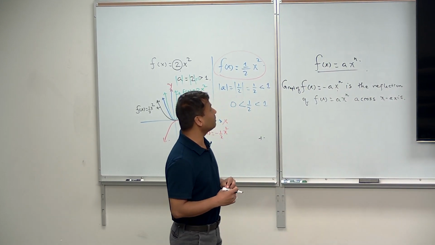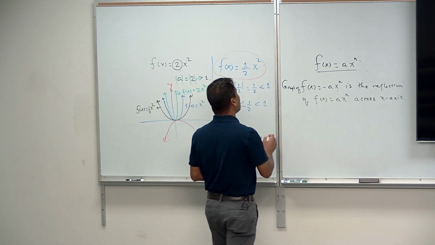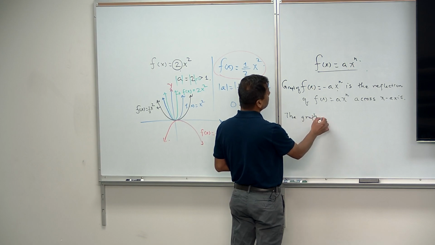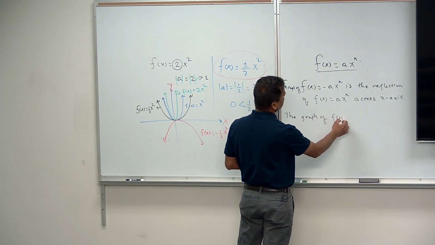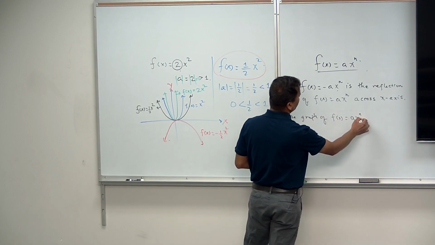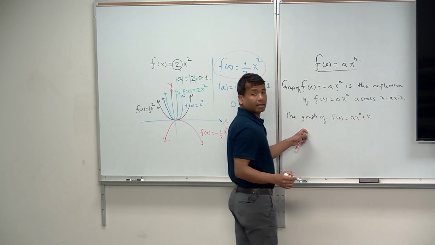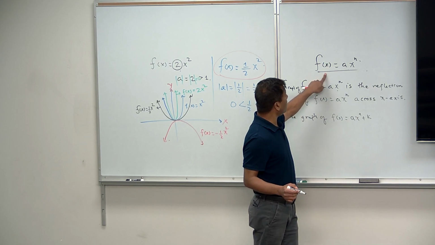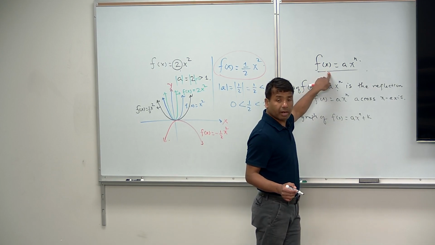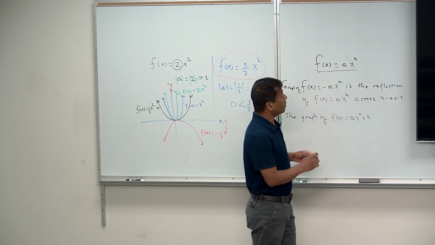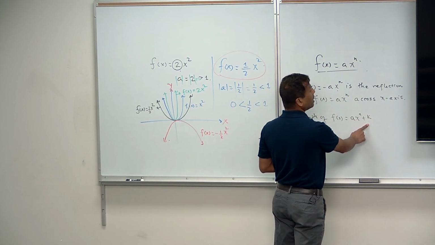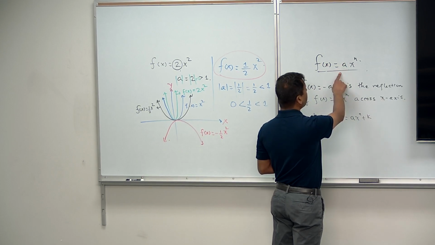And then if you have the graph of f(x) = ax to the power n plus k, this is the vertical shift of the graph of this function, right? So the graph of this function is translated k units up.